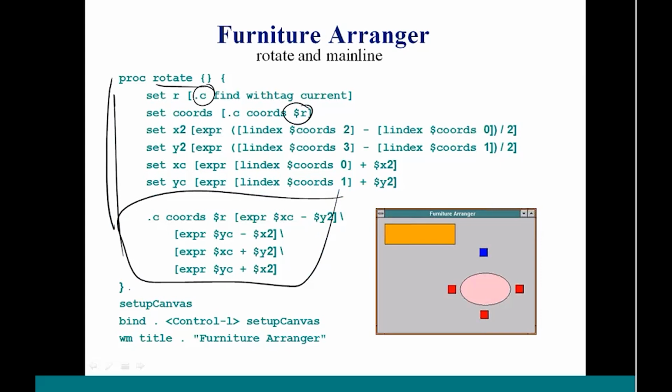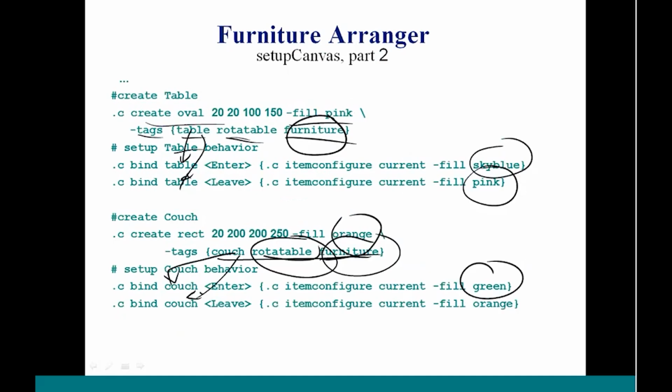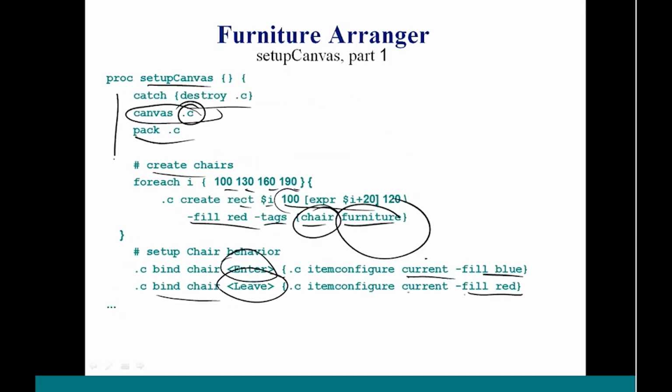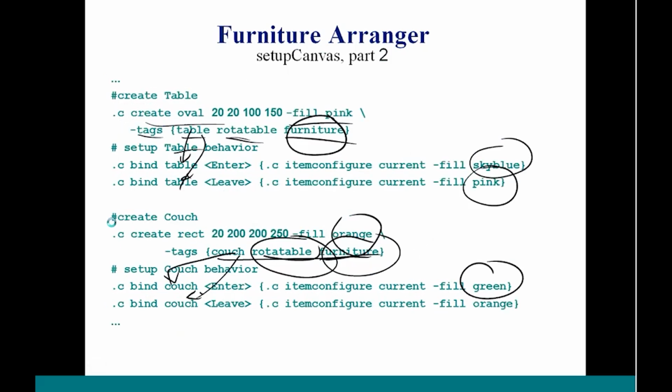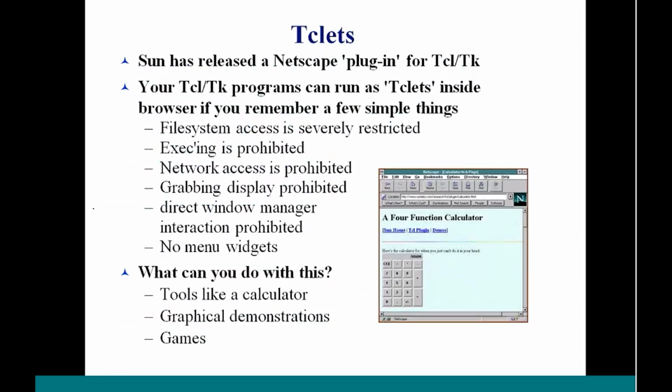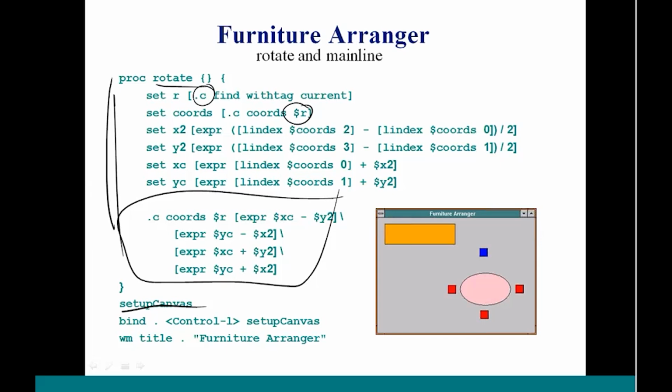Now that we define all the procedures, we can now set up the canvas, using setup canvas, which is already defined as a procedure here, which is what creates that canvas. And then we bind the top level window to control L, and then that sets up the canvas.